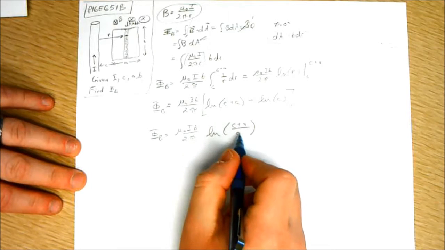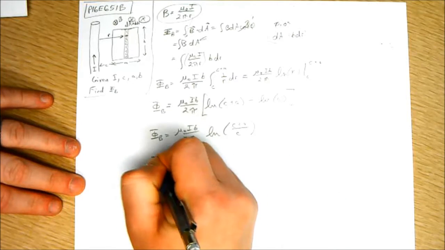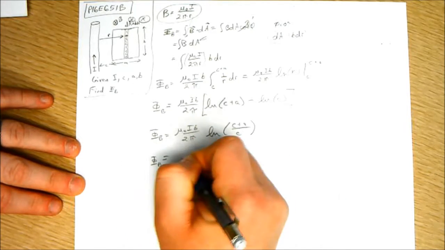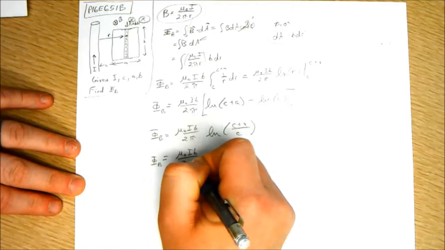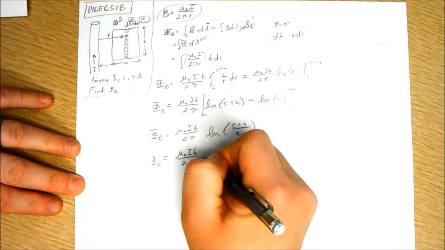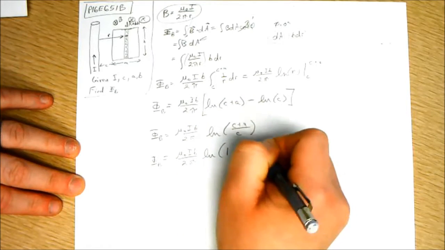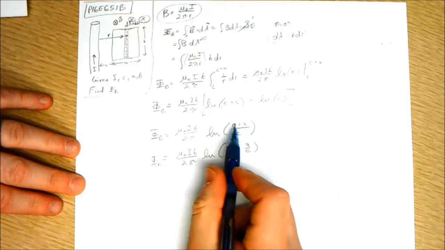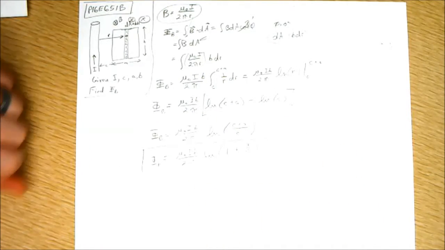Then I can divide c into each one of these. c divided by c is 1, a divided by c you can't simplify. So this equals mu naught I b over 2 pi times the natural log of 1 plus a over c. Why did I reverse the order? I don't know. I like the 1 in the front. So that is the answer.